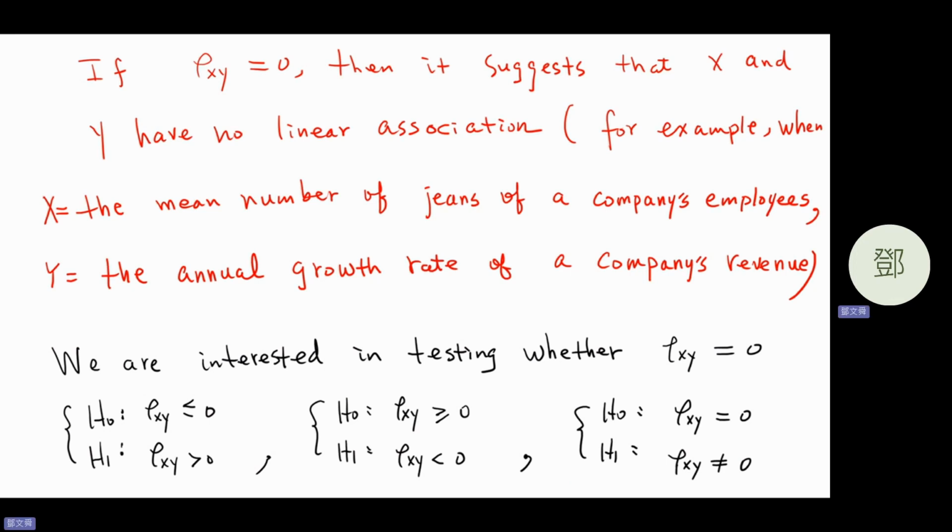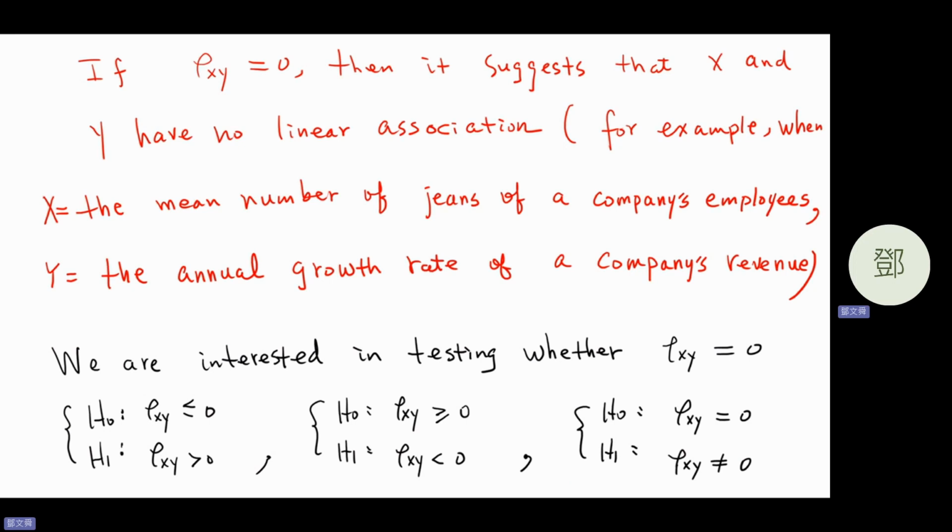On the other hand, if the hypothesis setting is this one and you take this conclusion, then you are concluding that the relation between x and y is negative, negatively related.